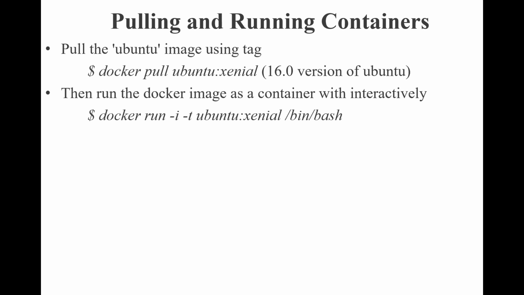If you are expecting any interaction with a container, then you need to start that container in interactive mode. But how can I launch my image as a container interactively? So Docker run, and the other arguments you can pass to this Docker run command are -i t, interactively with a terminal.